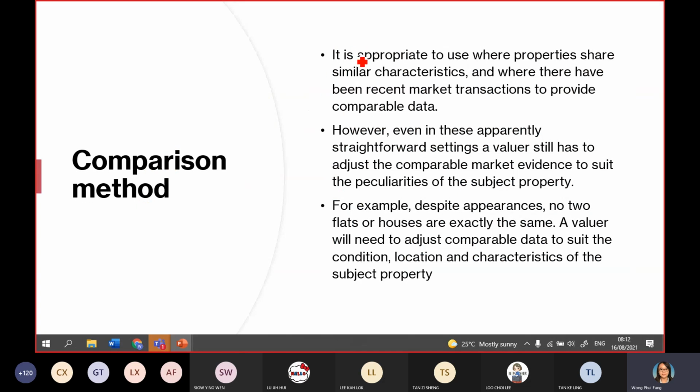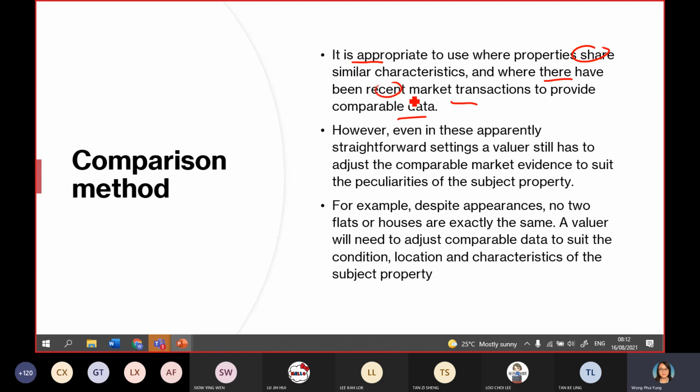For comparison, it is appropriate to use properties that, as I say, share similar characteristics. If can, similar type, similar location, similar year of completion, that will be better. And where there have been recent market transactions to provide the comparable data.